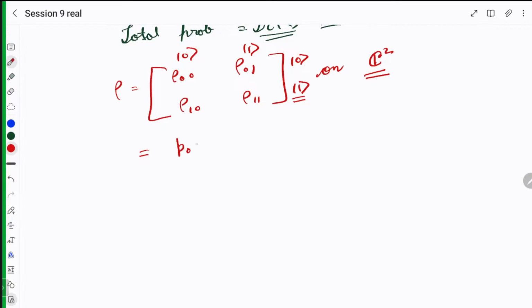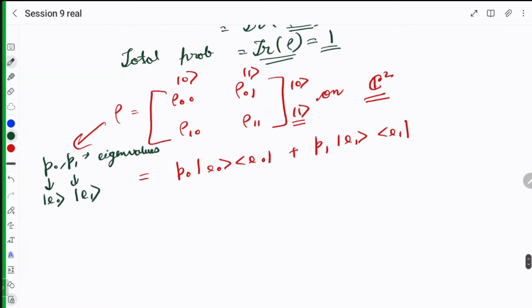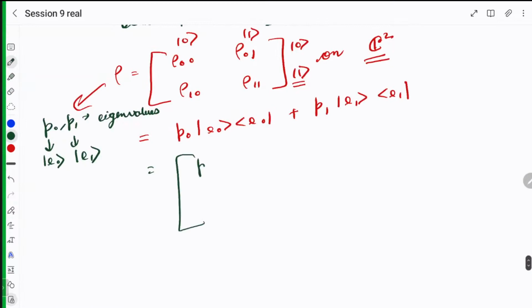So basically you can write it as p naught, E naught, E naught plus p1, E1, E1, where p naught and p1 are eigenvalues, with the corresponding eigenvectors E naught, E1. Basically, this is equivalent to diagonalizing the matrix, taking it to the basis of the eigenvectors of the operator.